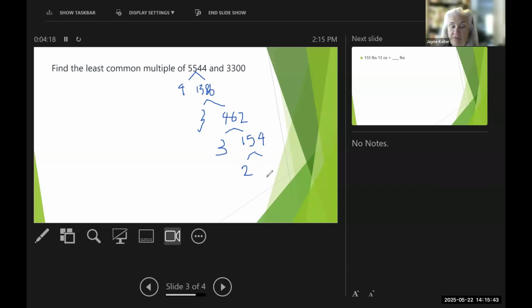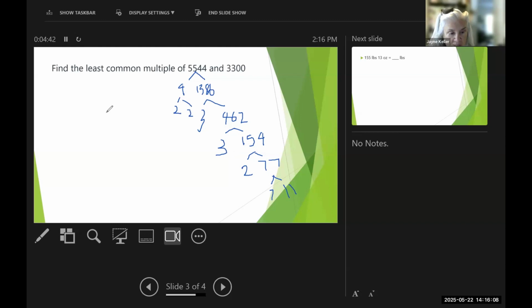And if I divide 154 by 2, I get 77. And I know that 77 is 7 times 11. And I'm almost done because 11's prime, 7, 2, 3, 3, but 4 isn't prime, so I've got to come back up here and make that 2 times 2.